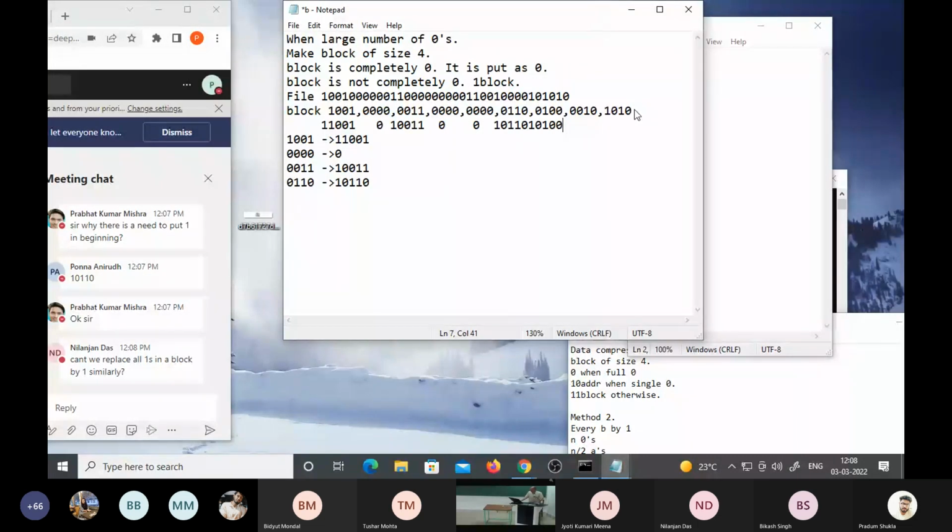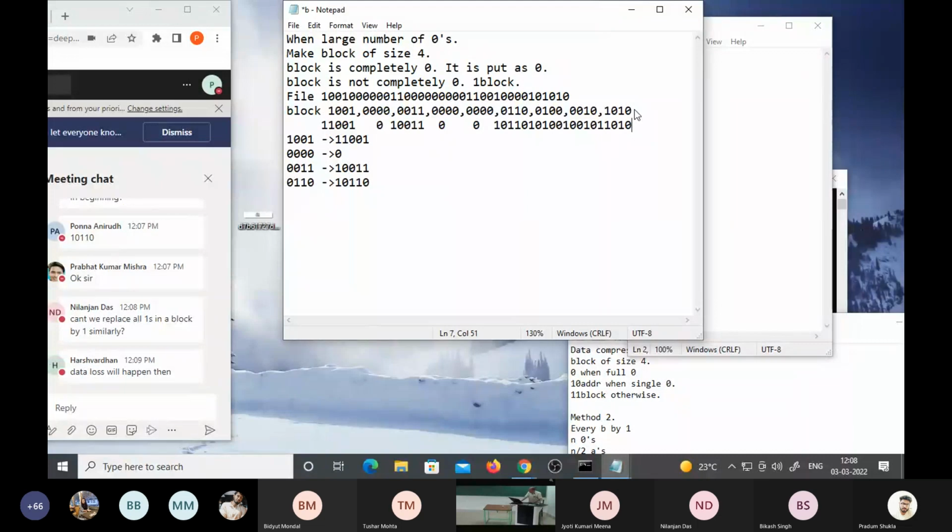But what happens if a block is neither fully 0 nor fully 1, Nilanjan? So we shall be doing this. No, data loss will never happen, Harshvardhan.